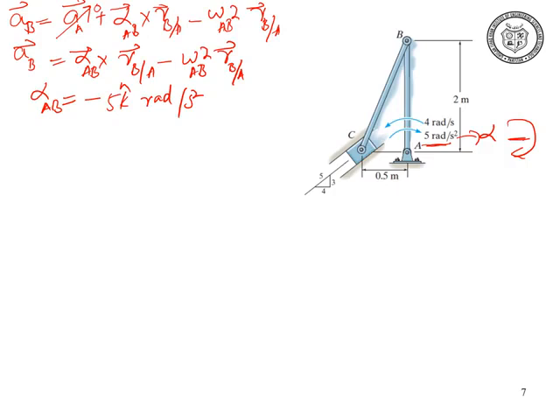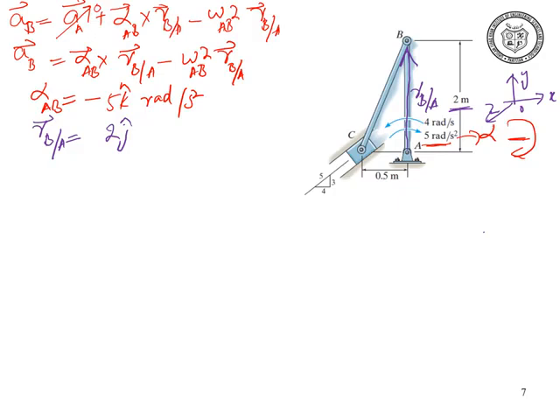Now what is RB with respect to A? It is the position vector starting from point A and ending at point B, and it is equal to 2 meter, so RB with respect to A will be equal to 2J. The convention is that this is the X direction, this one is Y, and this one is Z direction.